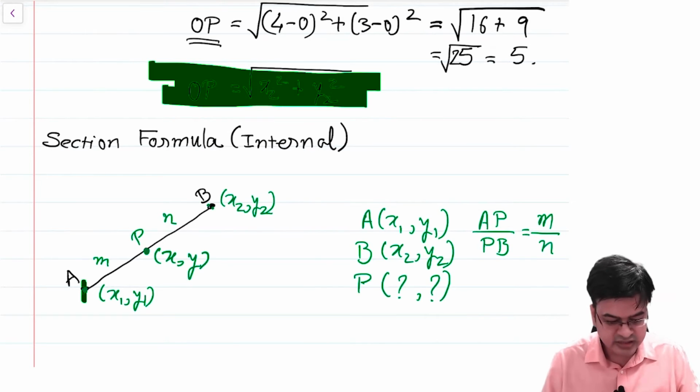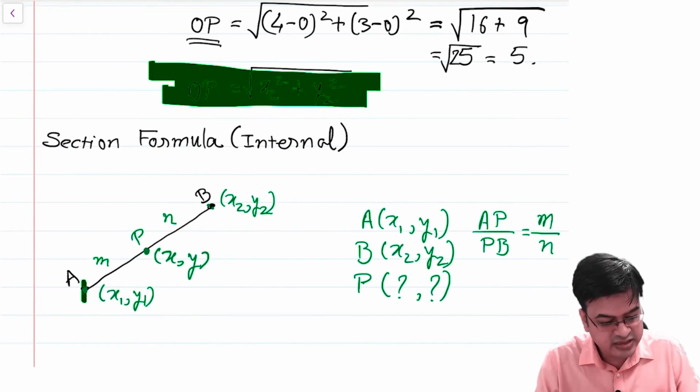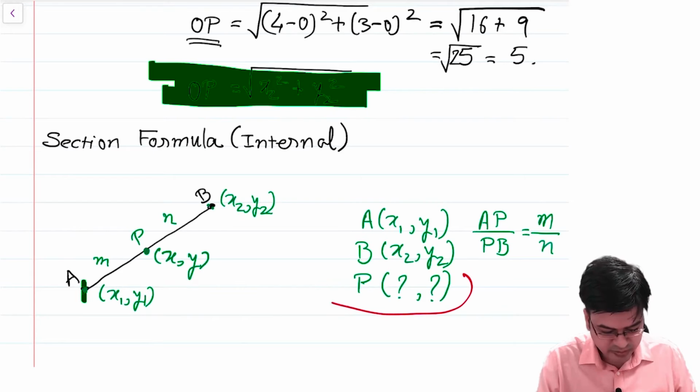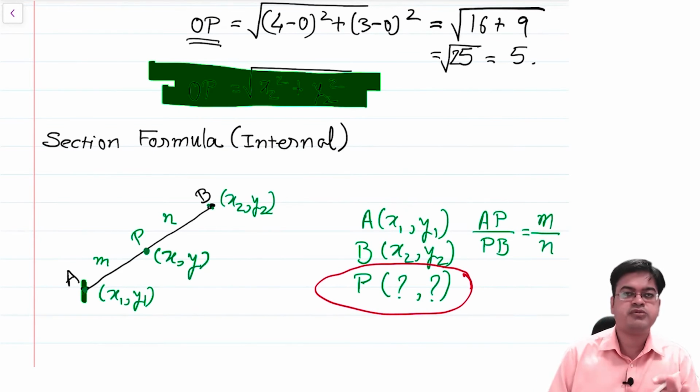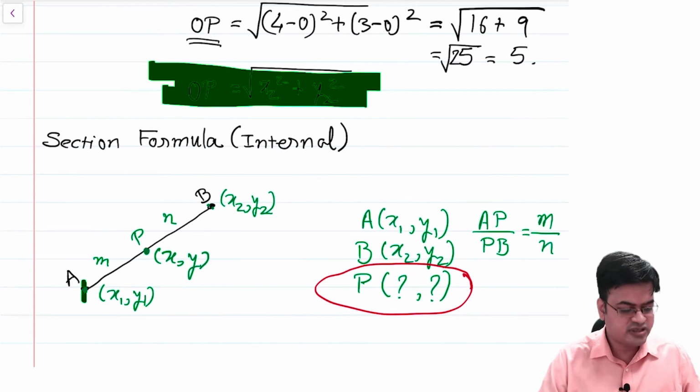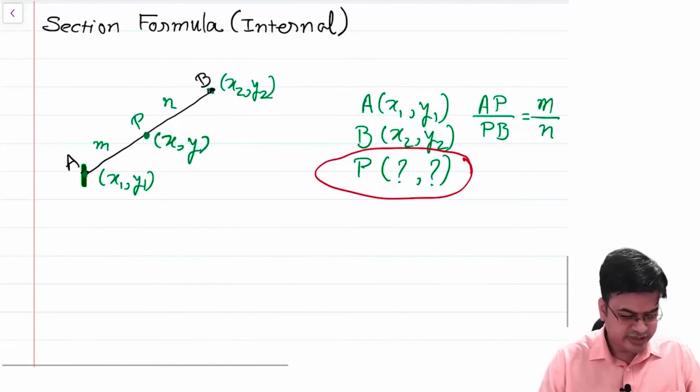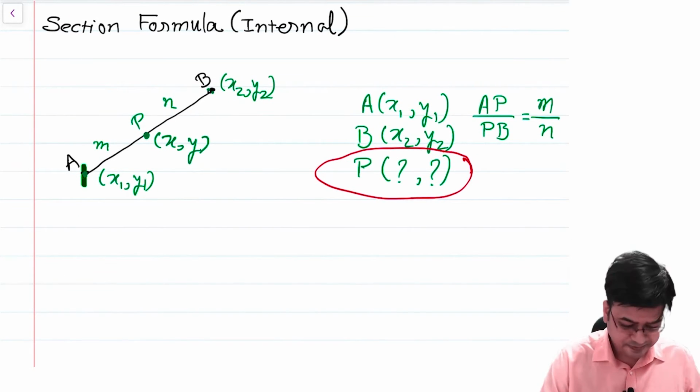Your entire exercise is to find what this P will be. This is what we will try to address in this particular session. So let us go ahead and try to solve this problem.